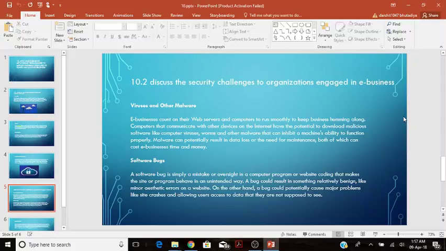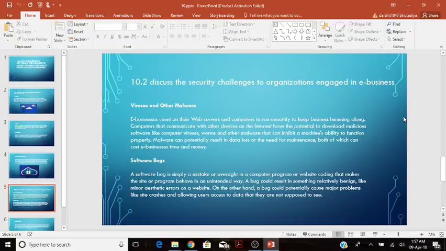Malware can potentially result in data loss or the need for maintenance, both of which can cost an e-business time and money. So this virus and malware can get into the system and cost you money and time, right? That's a little bit hard for an e-business to watch for.